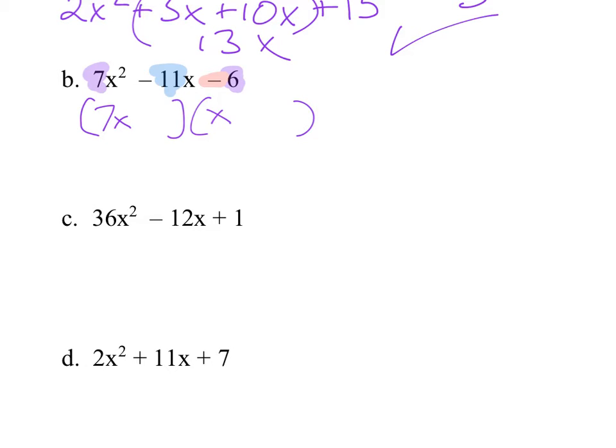Okay, so factors of 6 are 6 and 1 and 3 and 2. When I consider 7, I'm looking for 11. 6 plus 7 wouldn't work. 6 times 7 is way too big. So it's probably not 6 and 1. 3 times 6 is 18.